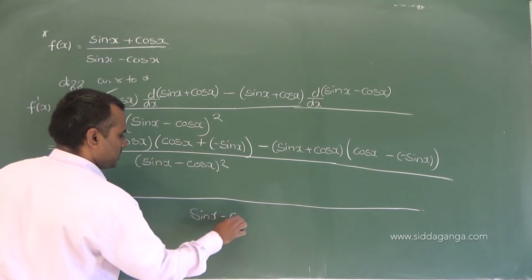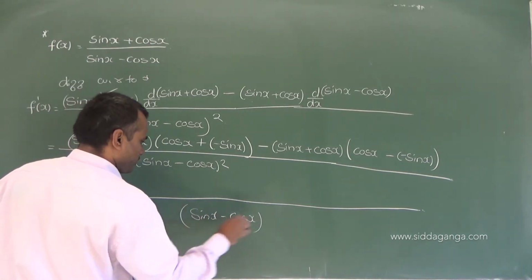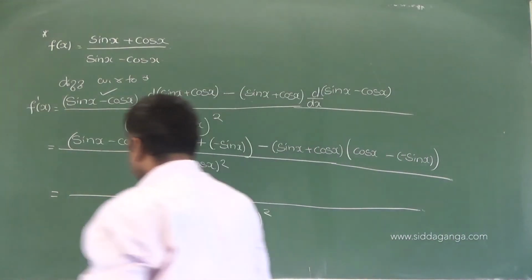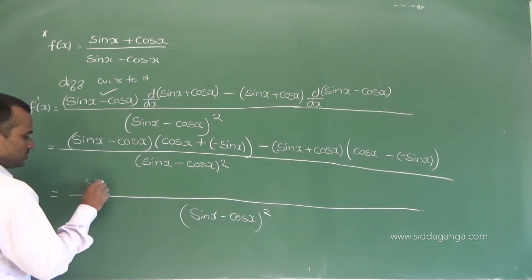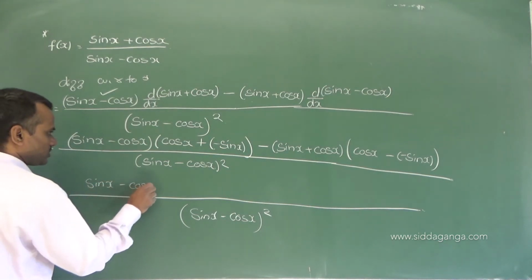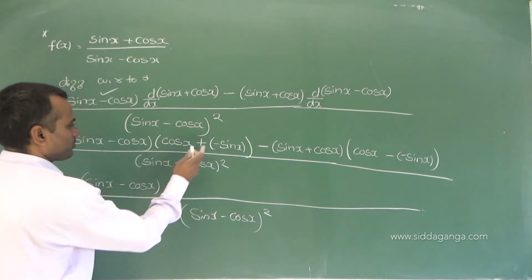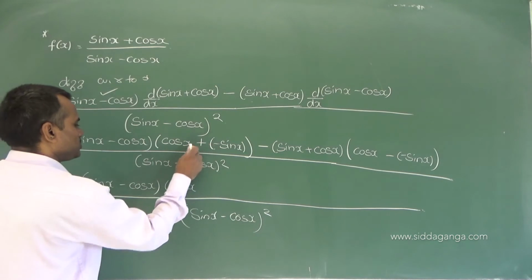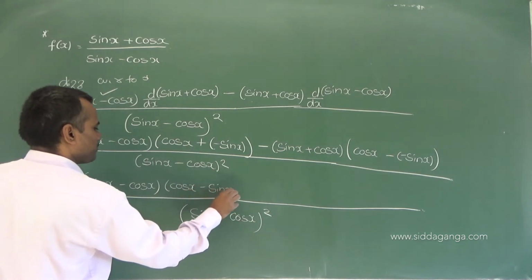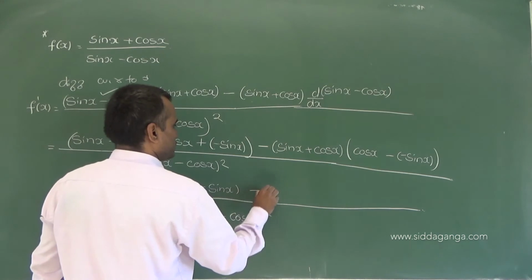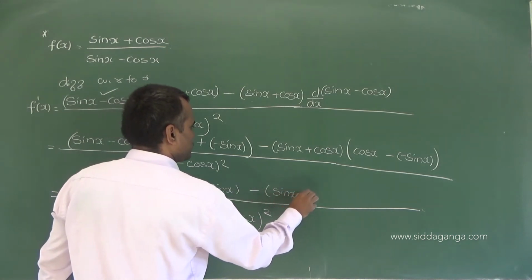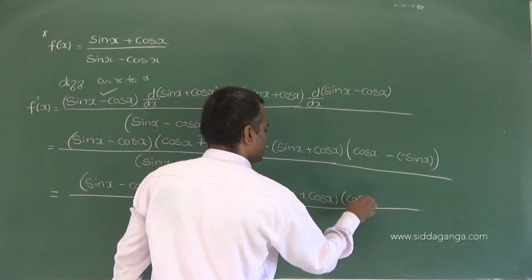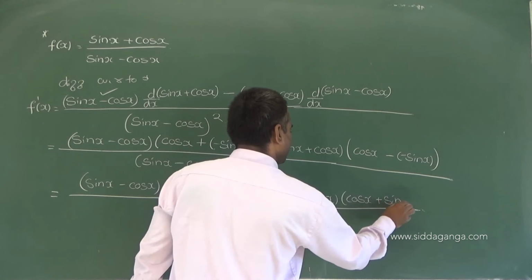Sin x minus cos x whole square. Sin x minus cos x, cos x plus into minus sin x, minus sin x plus cos x, cos x minus into minus, plus sin x.